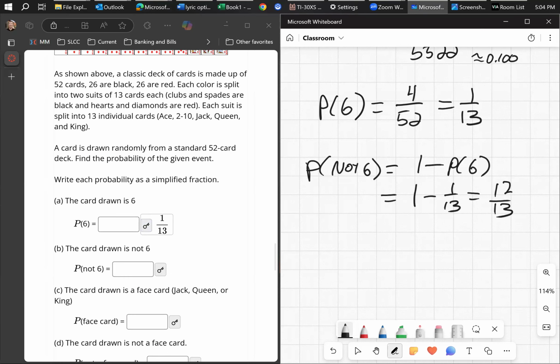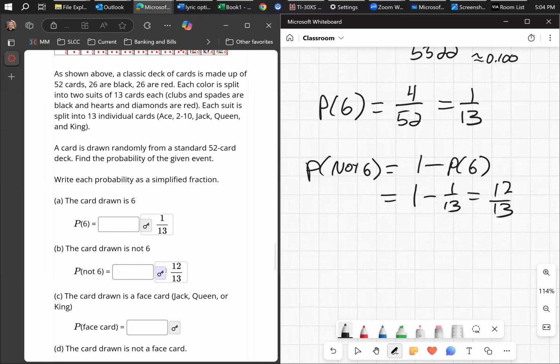Now there's a much better, I don't know about better, but much cooler way to think about this. If one of the 13 are a 6, then the other 12 of the 13 are not a 6. This is the complement rule. I think it's E, not I, complement rule.